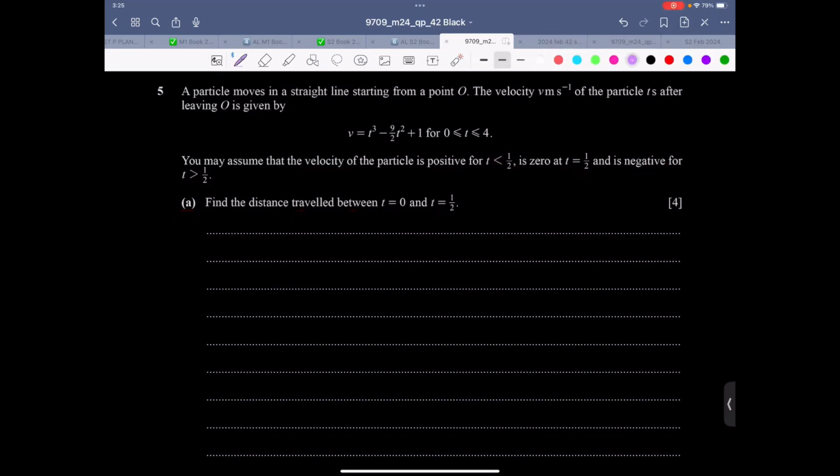So we know that the displacement equation can be found, and then the distance can be calculated, or directly distance can be found by integrating between the limits. In this case, it's 0 and half. So this is the integral of t cube minus 9 over 2 t square plus 1 dt.